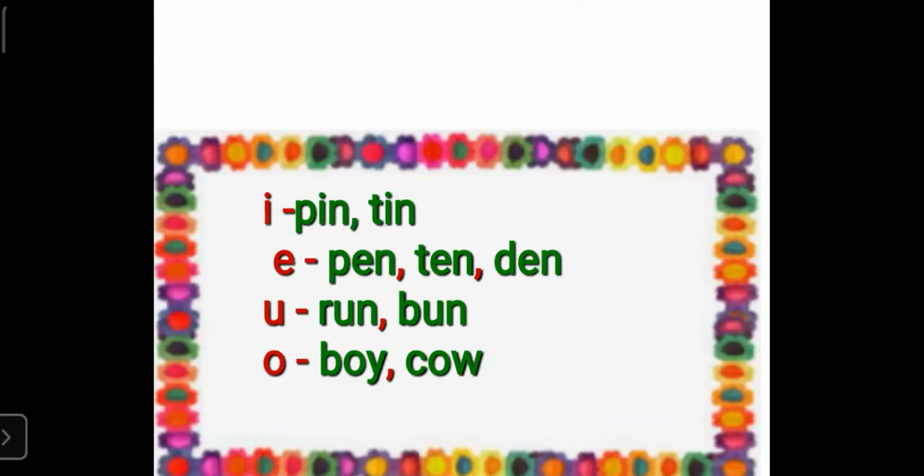Then by adding U vowel, the words formed are R-U-N, run, B-U-N, bun. Then by adding O vowel, the words formed are B-O-Y, boy, C-O-W, cow.